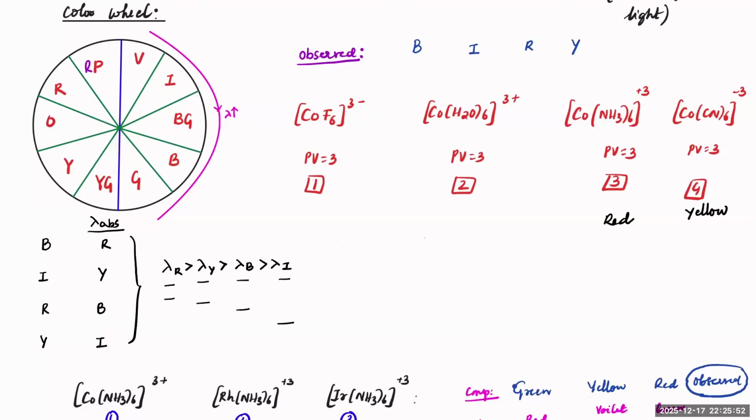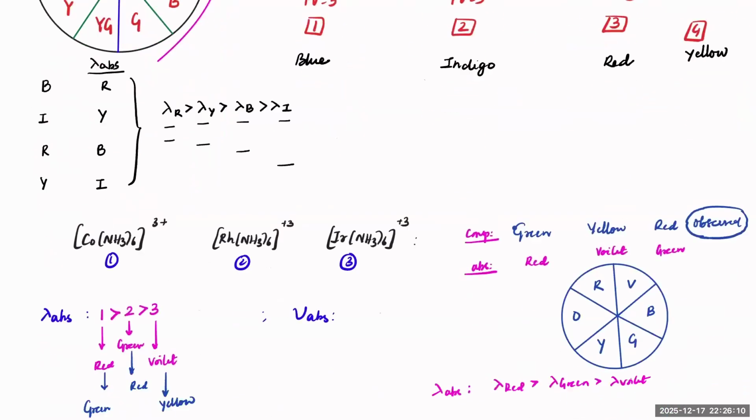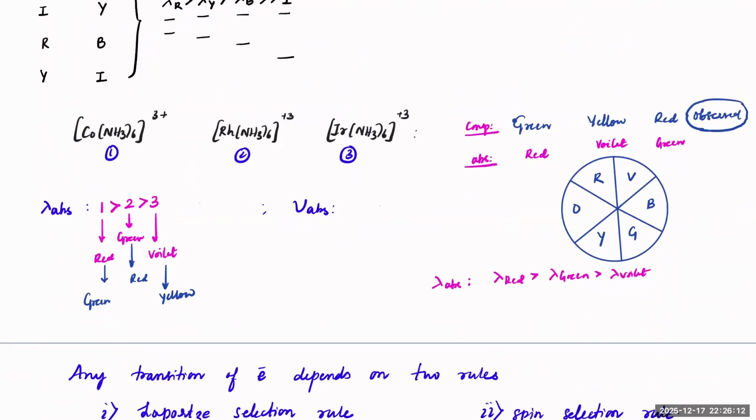Next one is yellow absorbed. That means it should appear like indigo. And the last one should absorb like blue. Does that make sense? That's how you should be able to relate the colors.